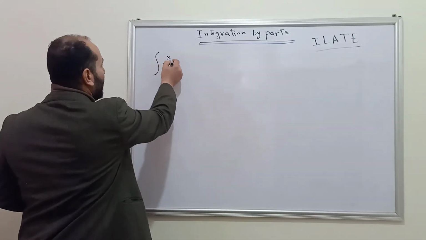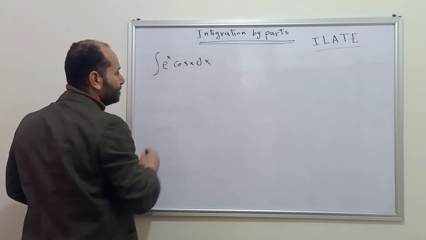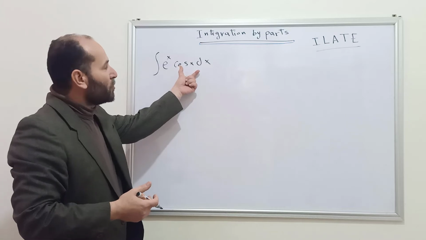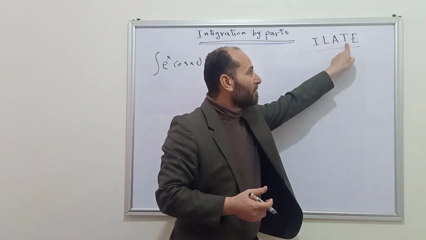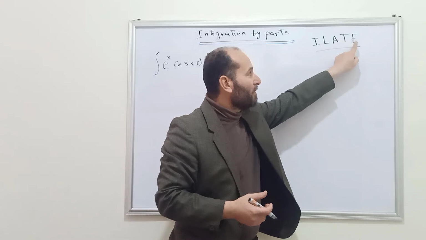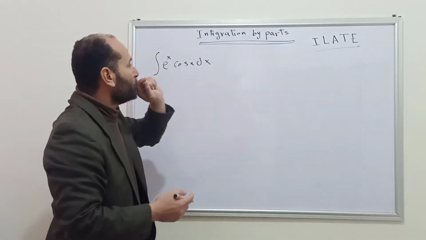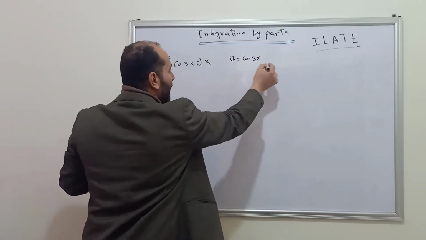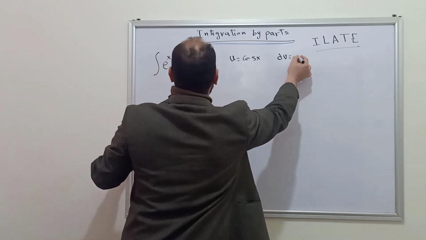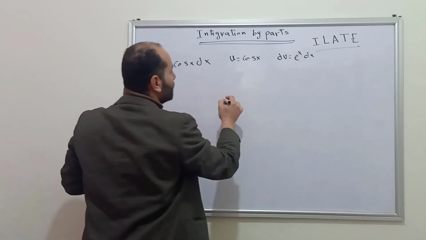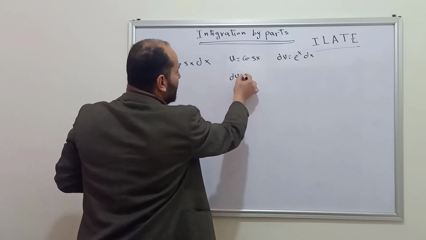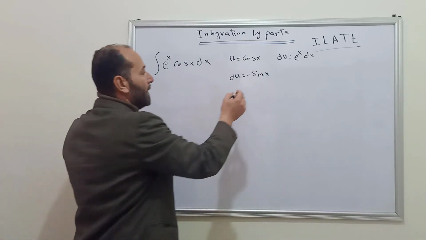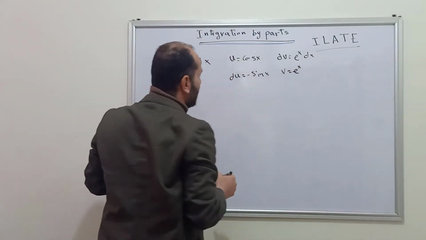Integration e power x cosine x dx. Here is an exponential function and a trigonometric function. We take u trigonometric because trigonometric comes before exponential function. So u equals cosine x, and dv equals e power x dx. du here equals negative sine x, and v equals e power x.